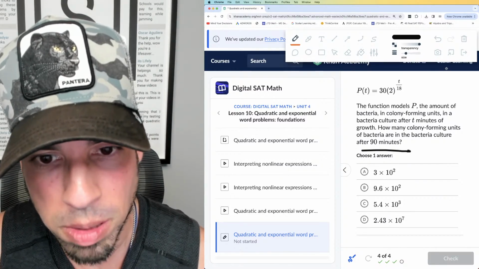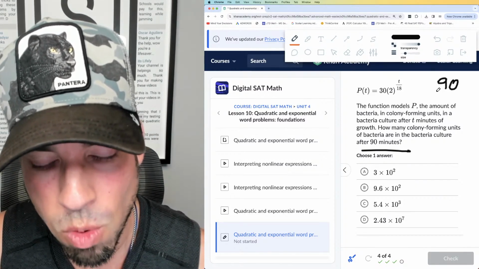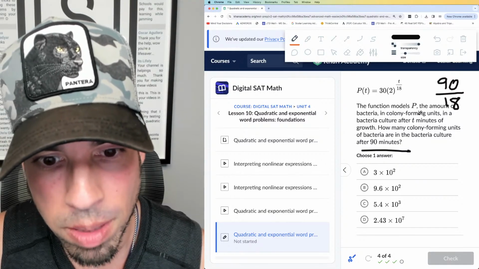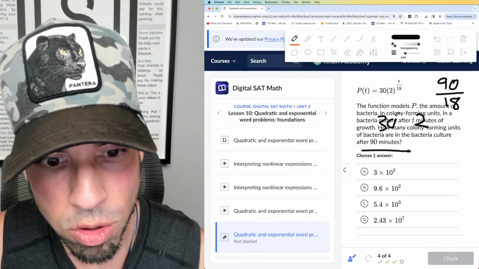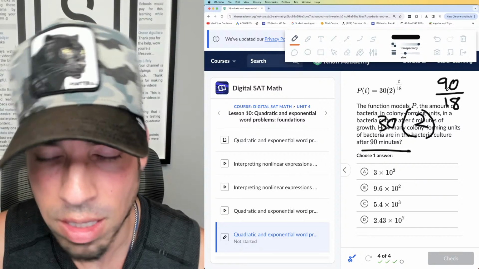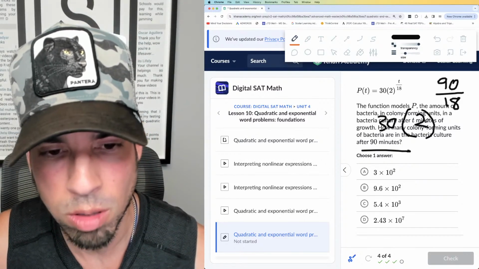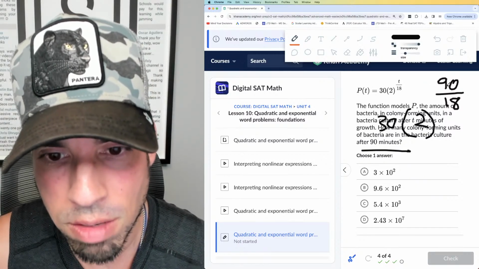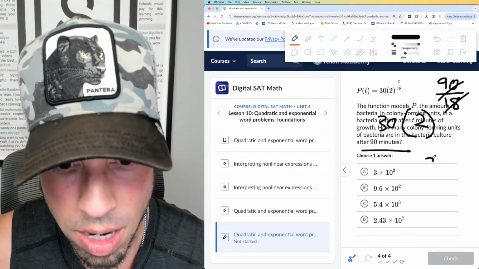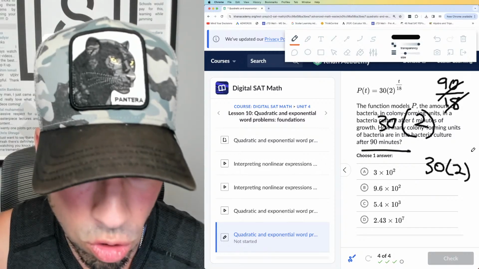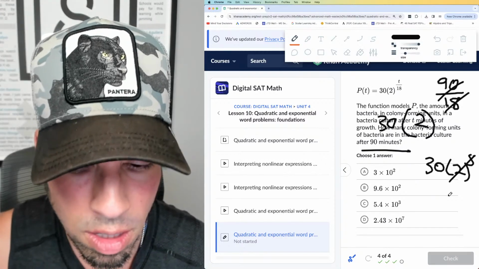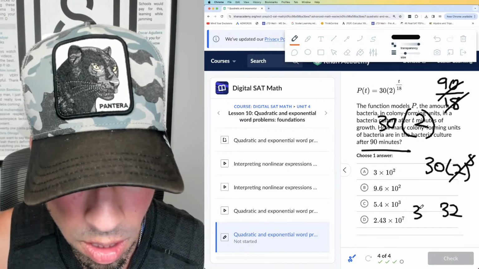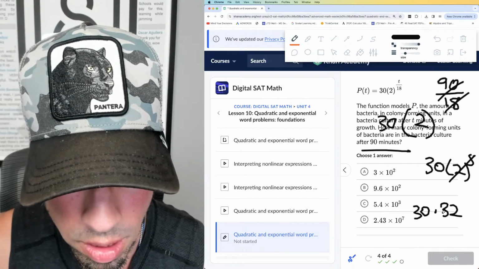So all I got to do is plug in 90 for T and evaluate. So I've got 30 times 2 to the 90 over 18. Now I'm going to do this without a calculator, but you're more than welcome to use a calculator. Again, the entire digital SAT allows a calculator. 90 divided by 18 is, of course, 5. So it's 30 times 2 to the 5th. 2 to the 5th is 32.